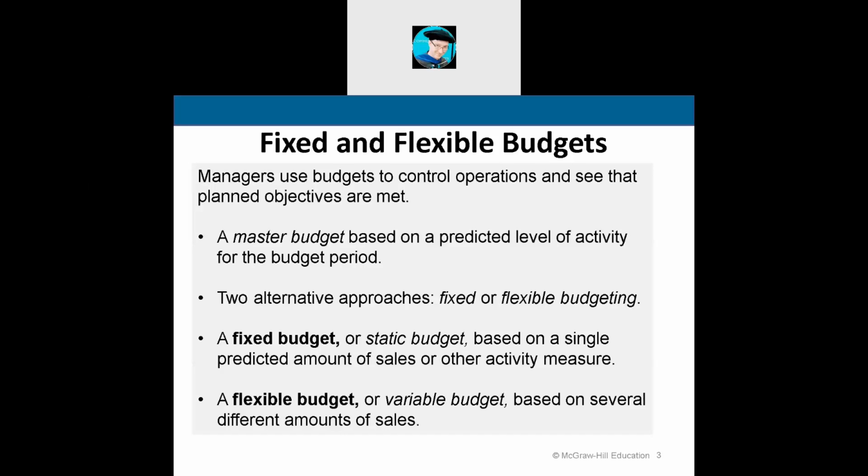Some companies, mostly government agencies, use what's called the fixed budget approach, also known as the static budget approach. This is based off of single predicted amounts of sales or other measurable activities.